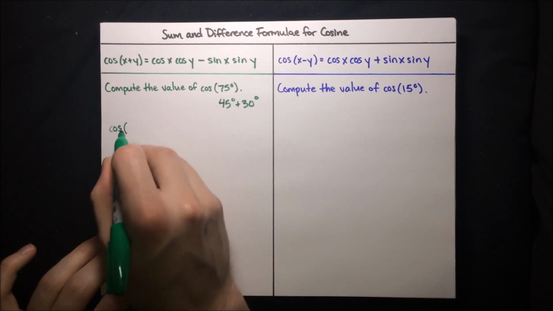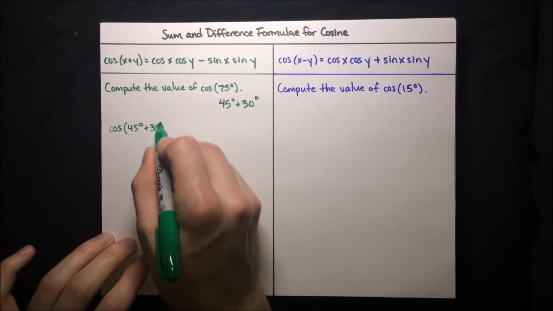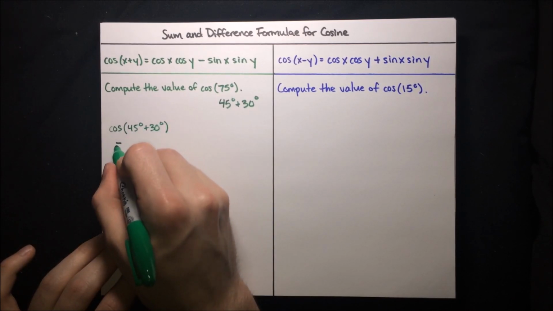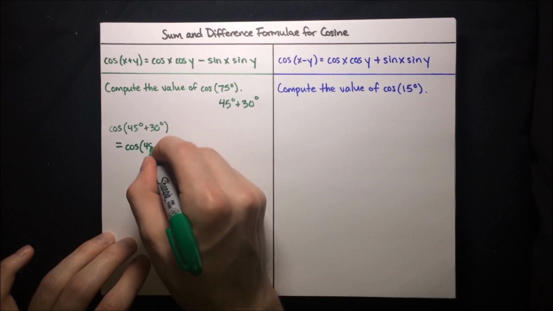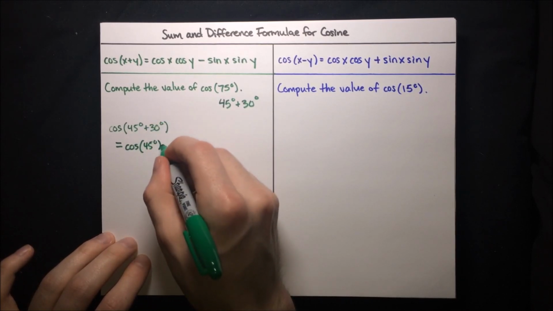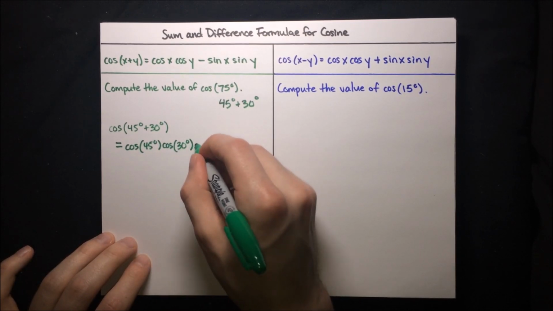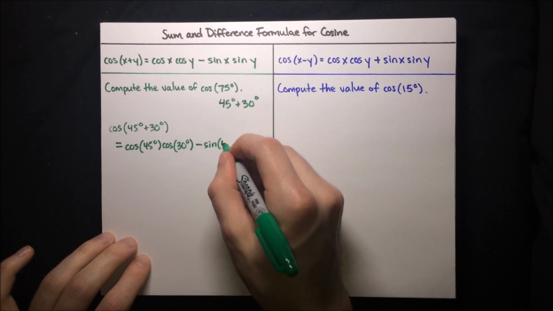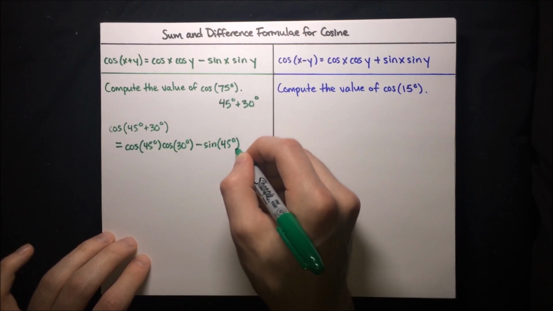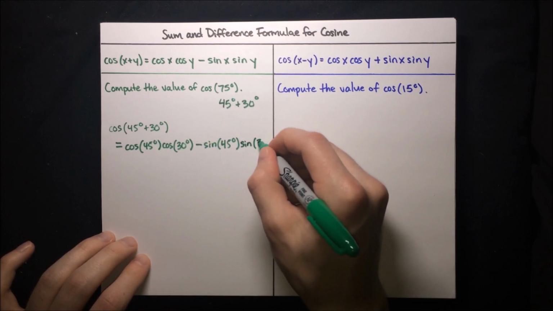Cosine of 45 degrees plus 30 degrees. Plug that into our formula and we get that's equal to cosine of 45 degrees, the first term, times cosine of the second term, 30 degrees, and then minus sine of the first term, x is 45 degrees, times sine of the second term, which is 30 degrees.